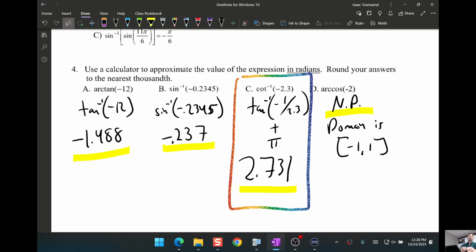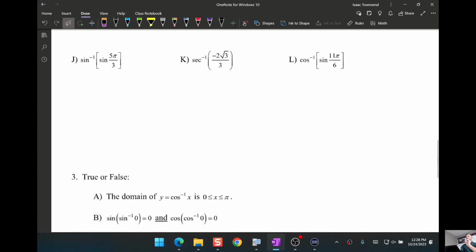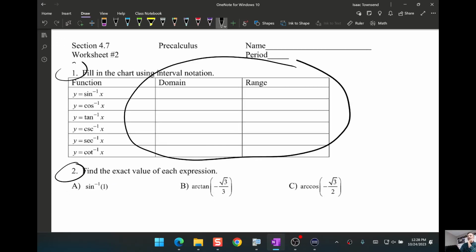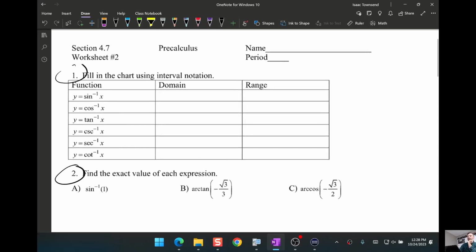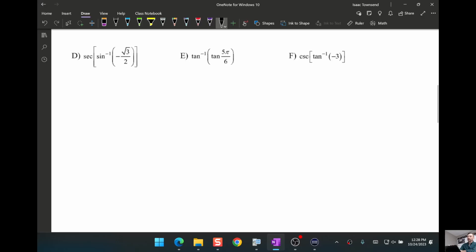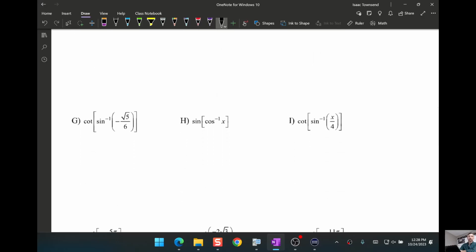But the bulk of your questions, the bulk of this unit is memorizing domain and range. This will be on Friday's quiz as matching. Hopefully you already know range. I tried to push you in that right direction. And then questions like number 2, where you had to refer to the unit circle, and questions like 2, where you had to sketch a triangle.